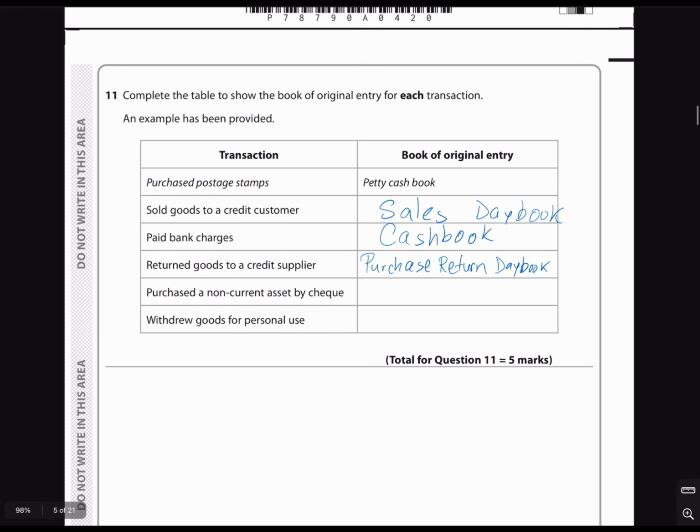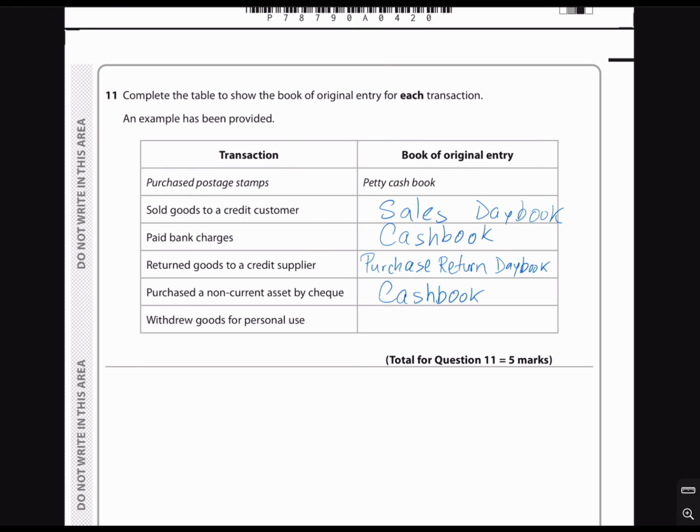And next up, we have purchase a non-current asset by check. So as it is by check, it would be cash book. Whatever you're doing, either paying or receiving money by check or cash, it will also be entered on cash book. And then lastly, we have got withdrew goods for personal use.